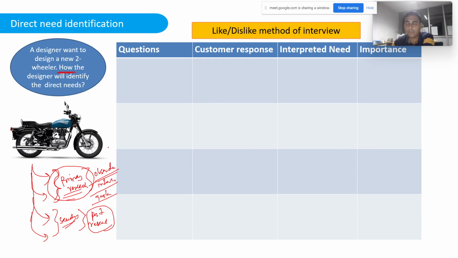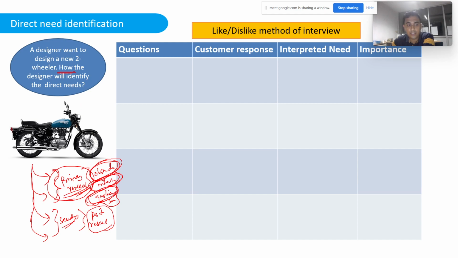You do field visits, try to understand the problems with other or competitive products, then identify the needs, the customer requirements. Similarly, you can conduct interviews with customers or manufacturers to understand what customers demand and where they face problems. Similarly, questionnaires or surveys can be used. So these are all primary techniques of collecting user requirements.